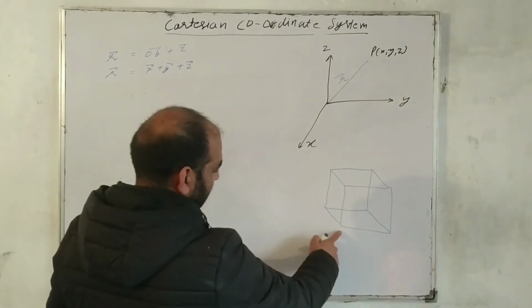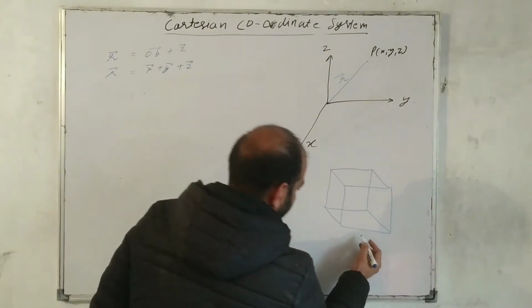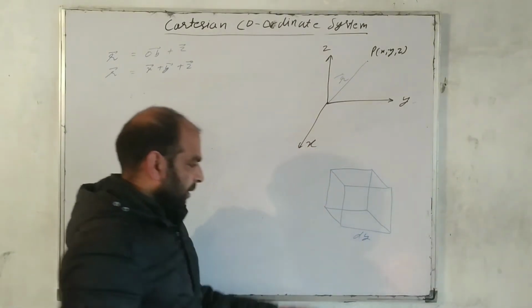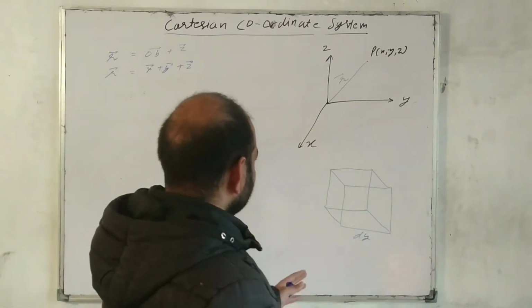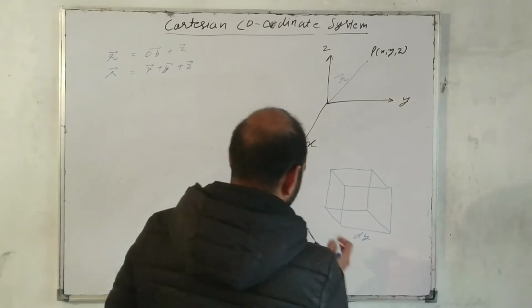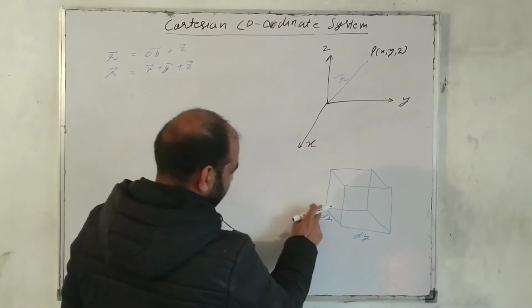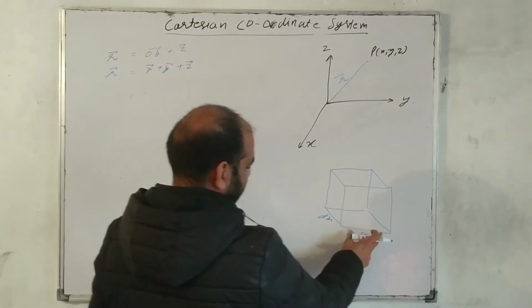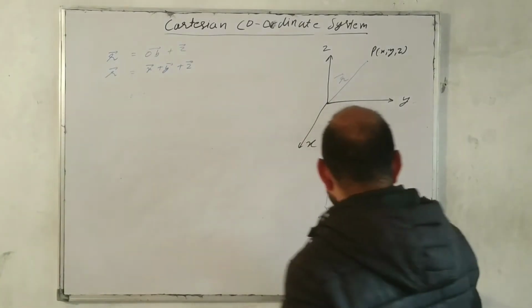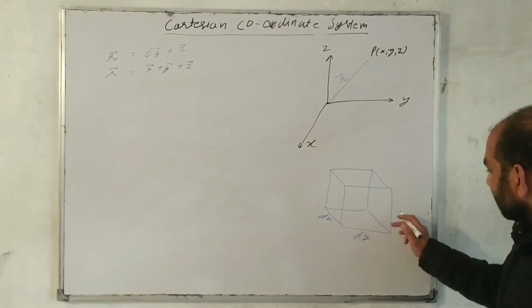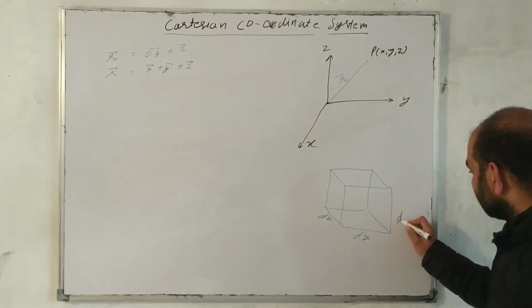Now this is along the y-axis, so I am writing it dy, meaning it is very small, and this is along the x-axis, so I am writing it dx. If this is dx, then this will also be dx. If this is dy, then this will also be dy. And this will also be dx, and this side will be dz.